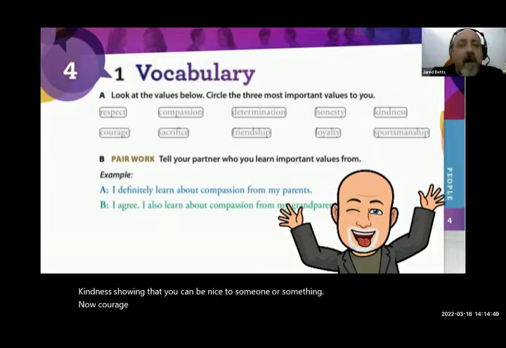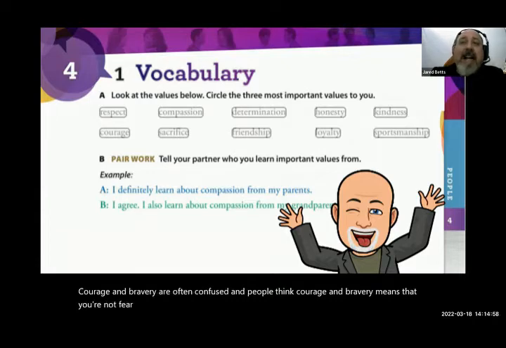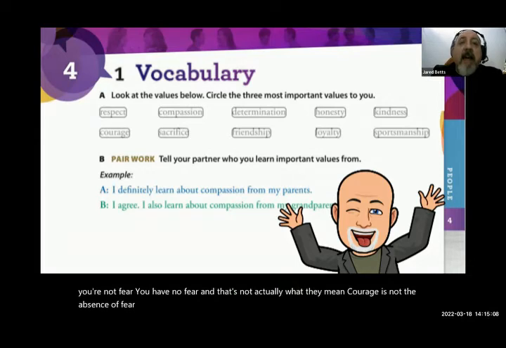Courage and bravery are often confused, and people think courage and bravery means that you have no fear. And that's not actually what they mean. Courage is not the absence of fear, but doing the right thing even in the presence of fear. That is what you get when you have courage.